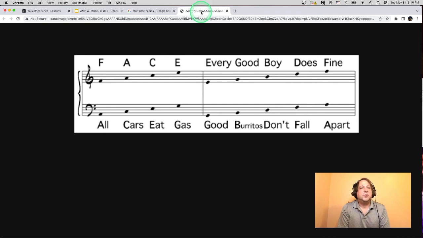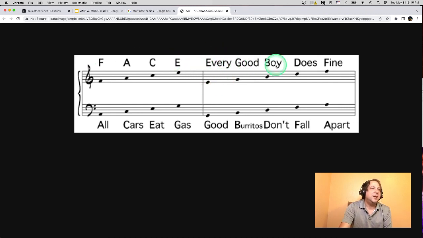And then here's just a quick little blow up of that graphic on the right, on the previous page. So the spaces of the treble clef are F, A, C, and E, because this fourth line here is a G. So that's an F, that's an A. 2 notes up is the next space, C, D, E. And it spells face.